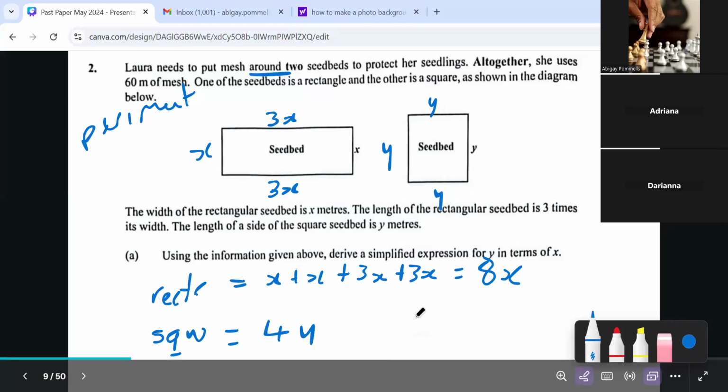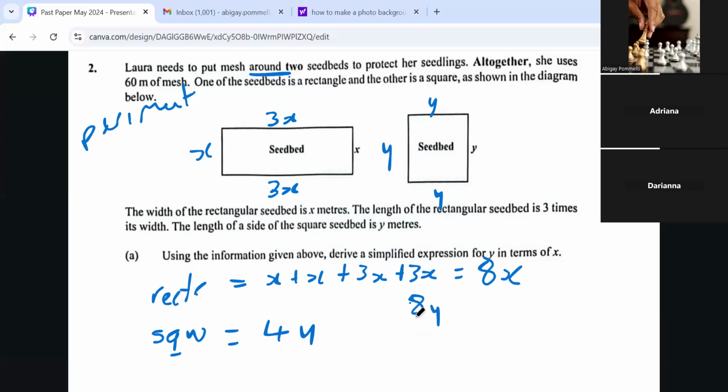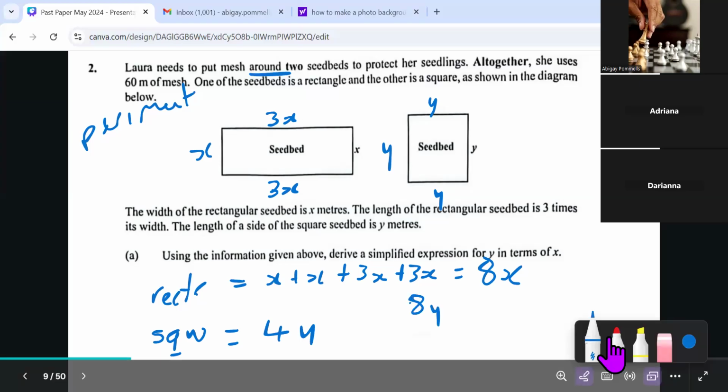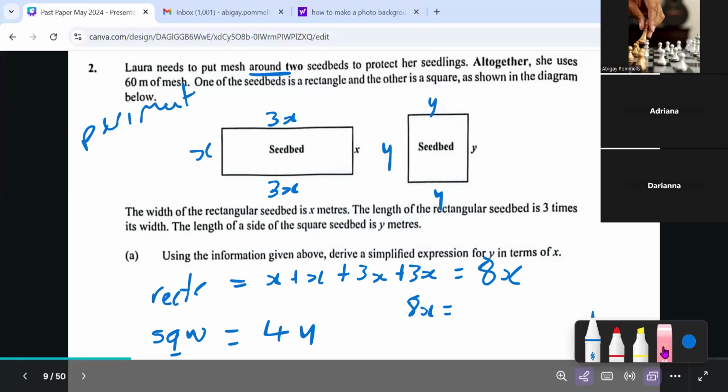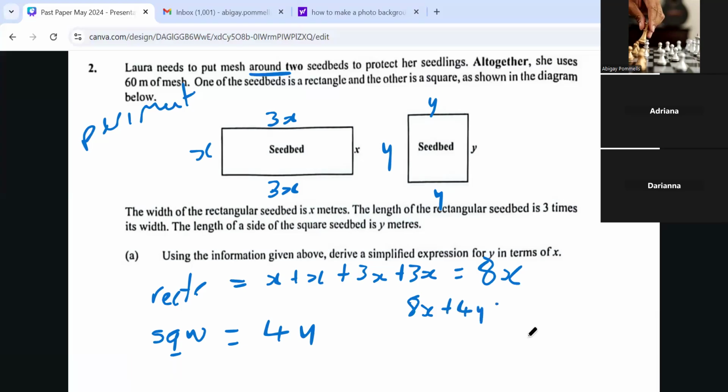So we're going to say 8x plus 4y equals the 60 meters of mesh.